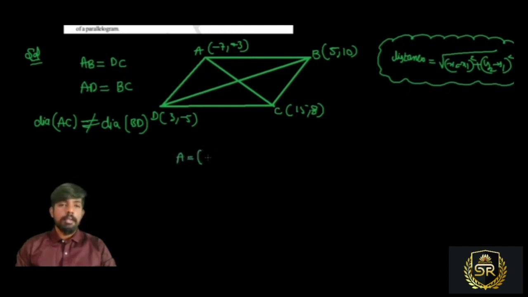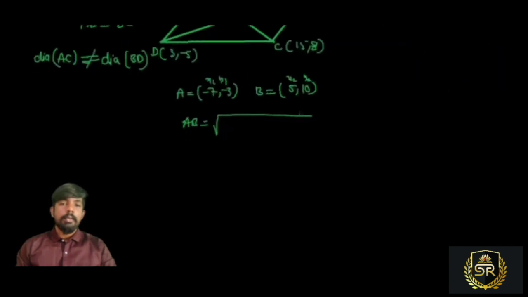A point is minus 7 comma minus 3, B point is 5 comma 10. So AB is equal to root over, this is x1, this is y1, this is x2, this is y2. So x2 minus x1 whole square, 5 minus of minus 7 whole square, plus y2 minus y1, 10 minus of minus 3 whole square.